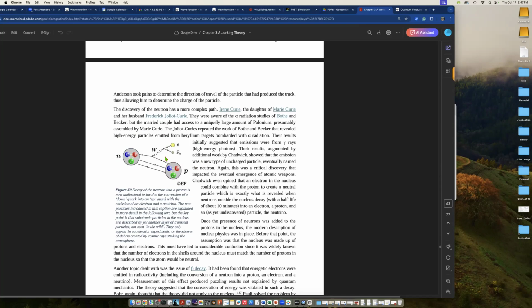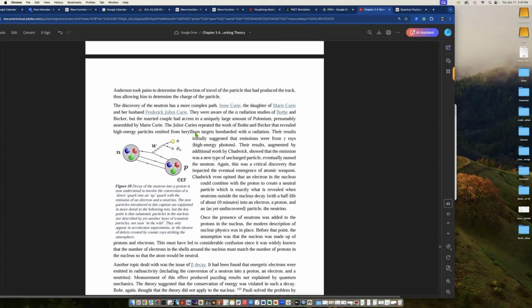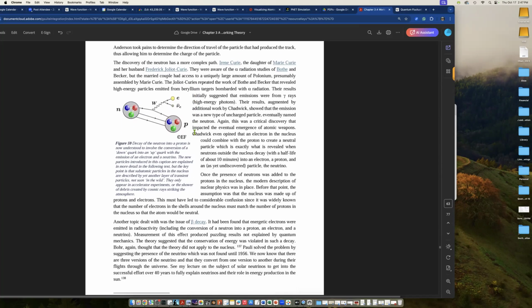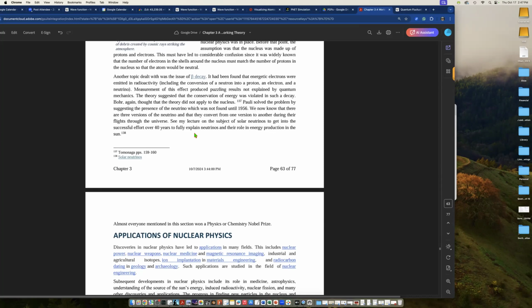What's more, Hans Bethe in the late 1930s, 38 or 39, produced the first real working theory of how the sun produces energy. The quantum mechanics of that day was sophisticated enough that he was able to explain the creation of energy deep in the sun.